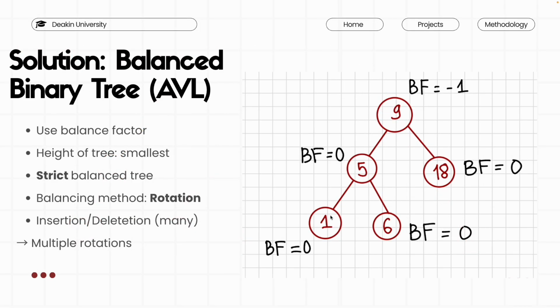One solution is the AVL tree. An AVL tree is a self-balanced binary search tree. It uses a value called the balance factor. The balance factor is computed by calculating the difference between the height of the left subtree and the right subtree.